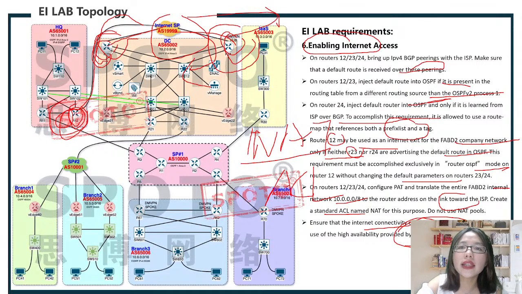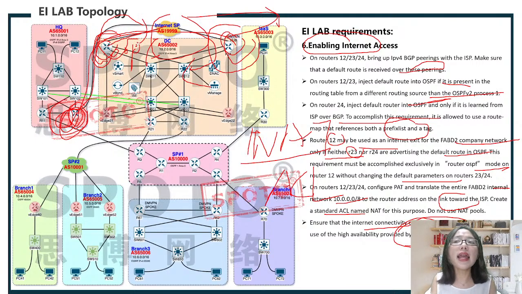Router 23 normally establishes a BGP relationship with the ISP, and delivers a default route under the OSPF process. And router 12 normally establishes a BGP neighbor relationship with the ISP, learns the default route from BGP, and delivers the default route under the OSPF process.